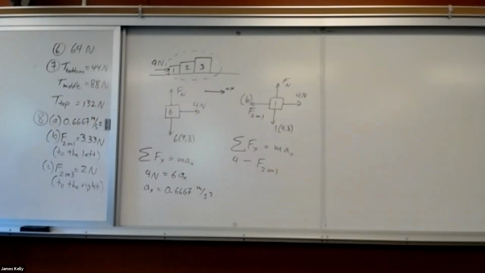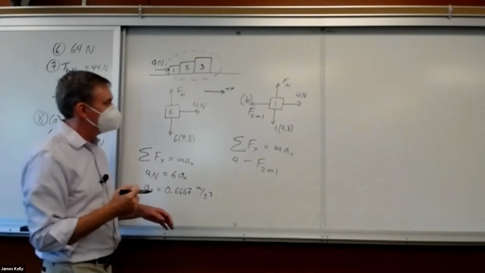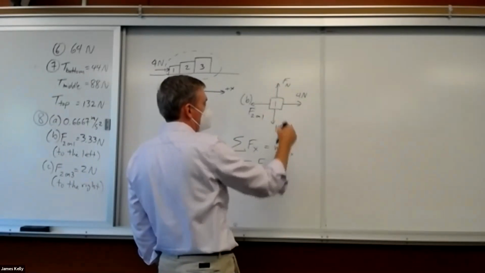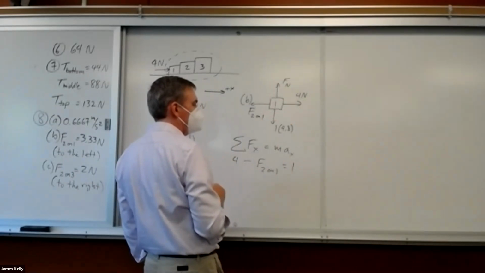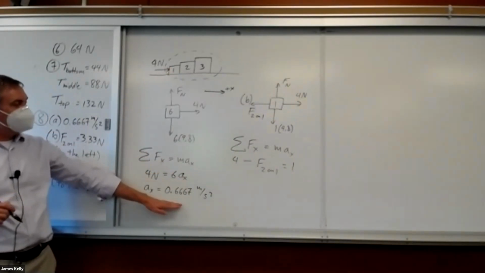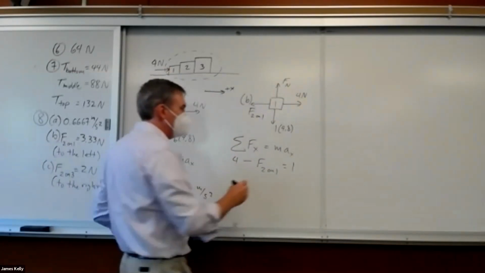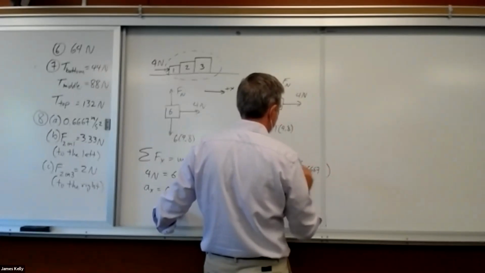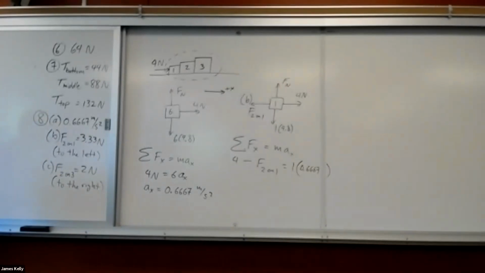Remember, F2 on 1 means how big that force vector is, but it's a negative x component when treated as a component. The other two have 0 x component. That's equal to the mass in the free body diagram, 1 kilogram, times the acceleration we found already, since all these things are accelerating together, 0.6667 in SI units. And I can solve for the magnitude of F2 on 1. I got 3.33 newtons.